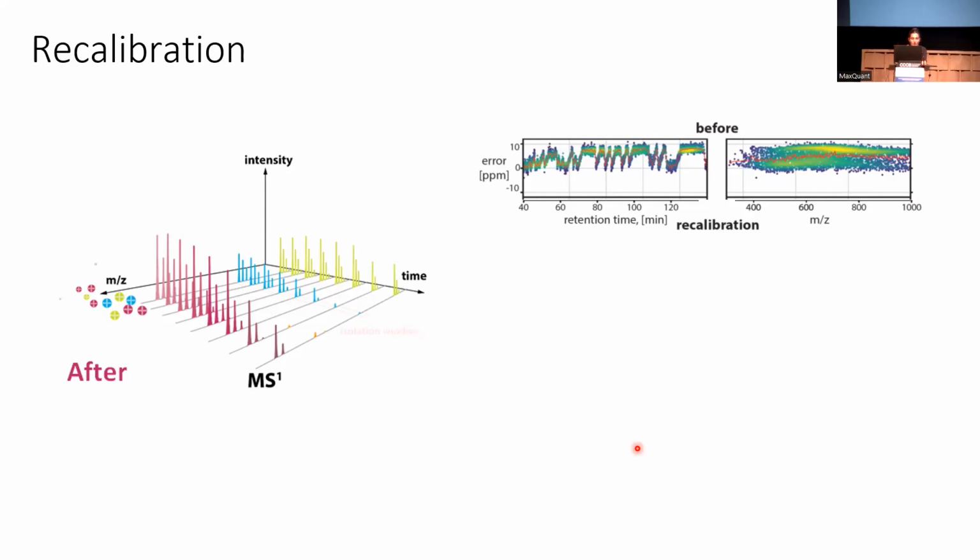So now what I can do is have these plots here. So what are these plots? First of all, these plots are before recalibration. You have the plot where the x-axis is the retention time, and on the y-axis you have the error in ppm.